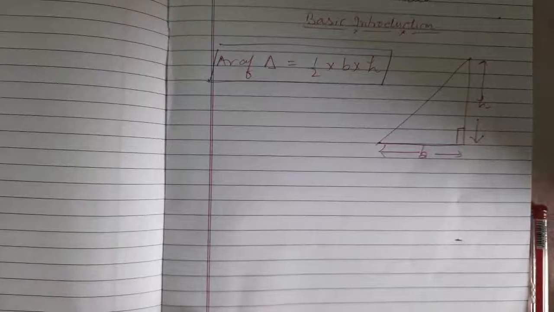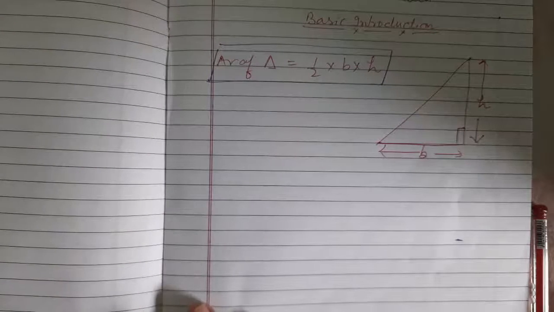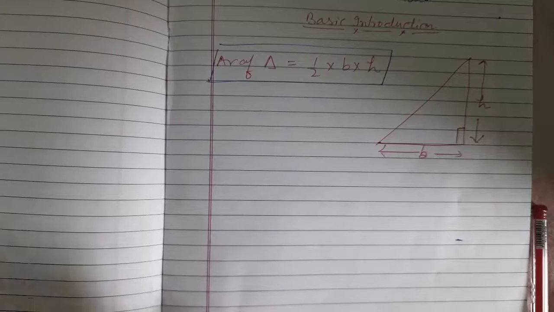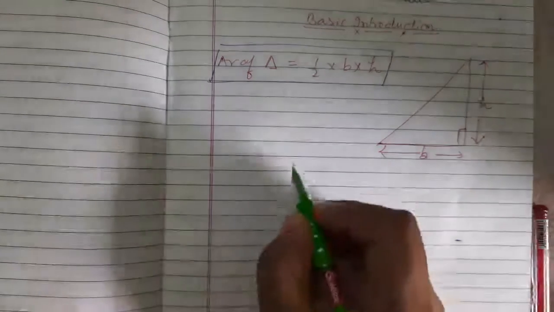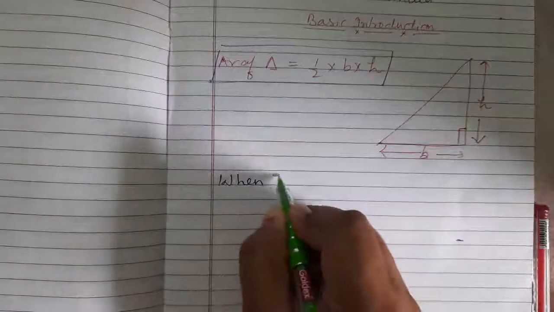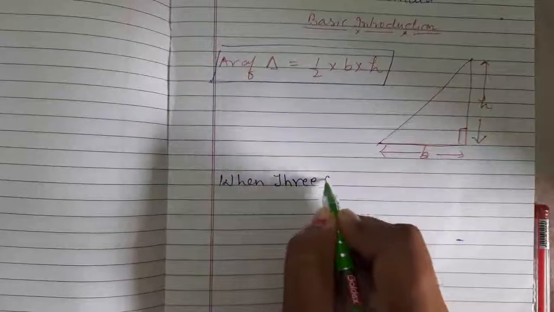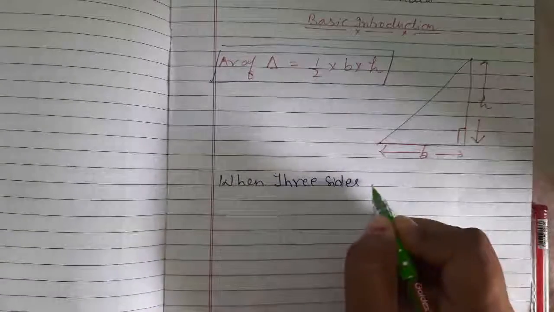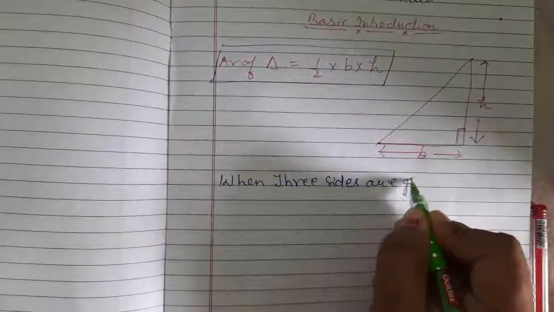For this we can use Heron's formula, to find out the area of a triangle when its three sides are given.